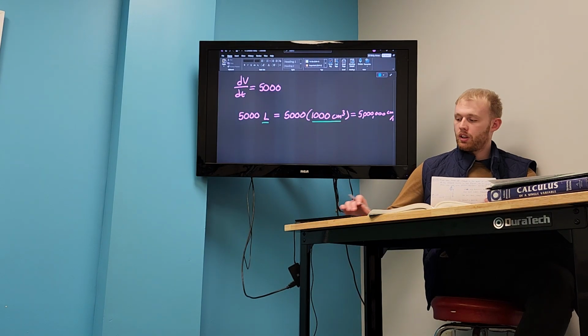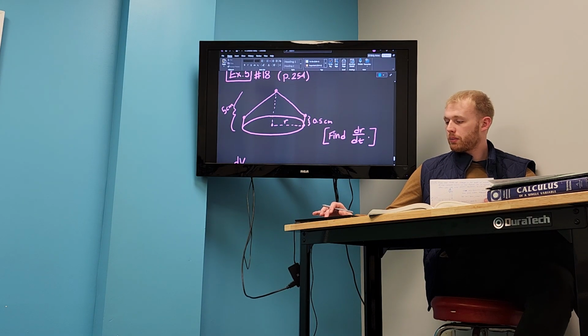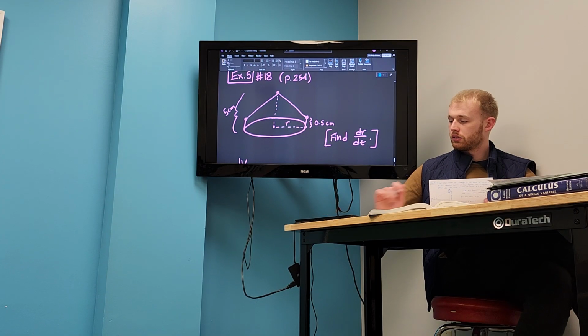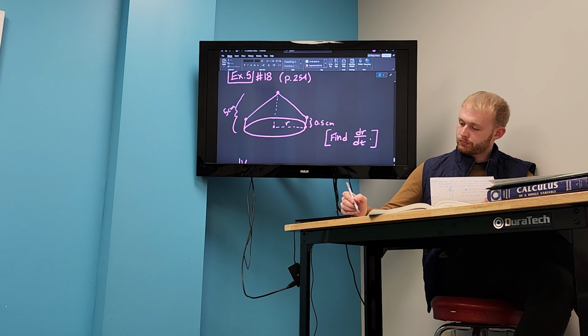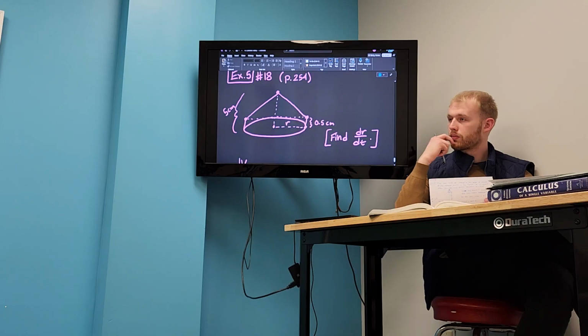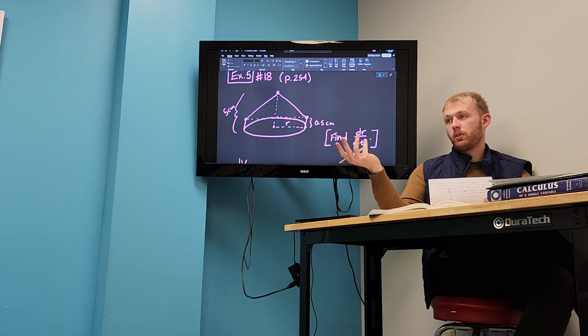But what do you notice about our picture here? Oh, this is pretty easy. It's just a triangle. Well, we have to imagine this as 3D, right? So this is a cone.